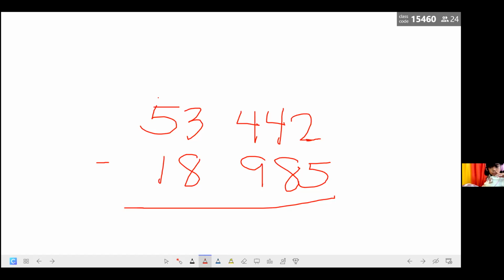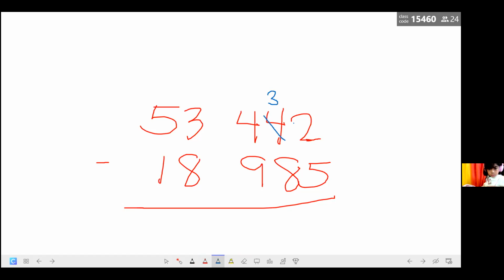We regroup 4 tens. 4 is in the tens place, right? So there are 4 tens there. We regroup 4 tens into 3 tens.